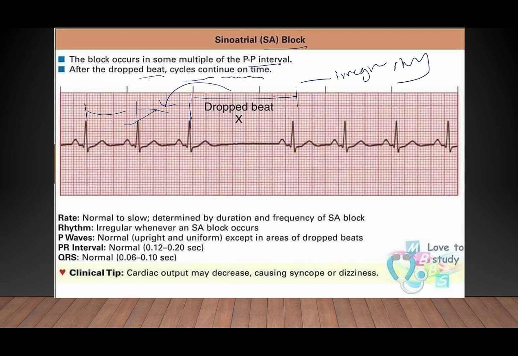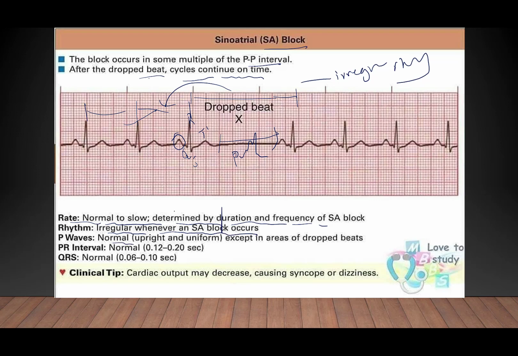And if you look here, this is P, Q, R, S, T, but then there is no P and no QRS complex. So the rate is normal to slow, determined by the duration and frequency of SA block. The rhythm is irregular, as I said, whenever the SA block occurs.